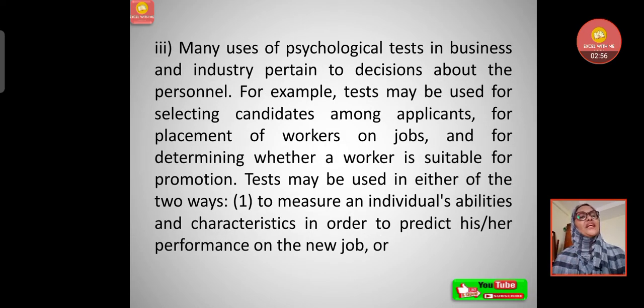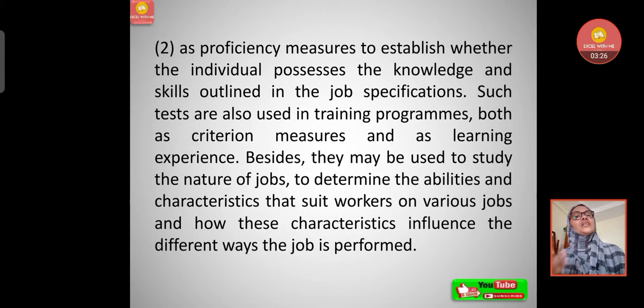Now, there are many uses of psychological tests in business and industry pertaining to decisions about the personnel. For example, tests may be used for selecting candidates among applicants, for placement of workers on jobs, and for determining whether a worker is suitable for promotion. Now, tests may be used in either of two ways: to measure an individual's abilities and characteristics in order to predict his or her performance on the new job, or as proficiency measures to establish whether the individual possesses the knowledge and skills outlined in the job specifications.